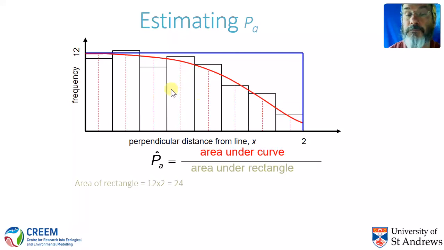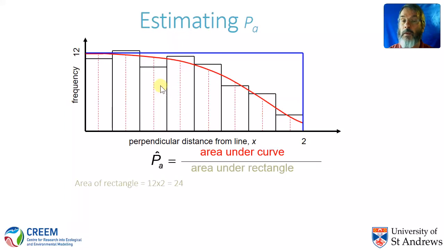So it stands to reason that if your histogram doesn't have much of a drop-off, then you are detecting a high proportion of animals inside the covered region. In contrast, if your histogram drops off very rapidly, that implies that you're actually seeing quite a small proportion of the animals that are inside that covered region.